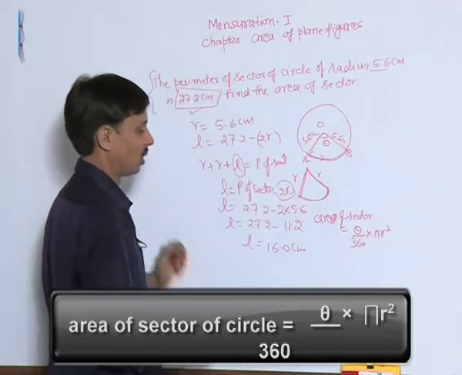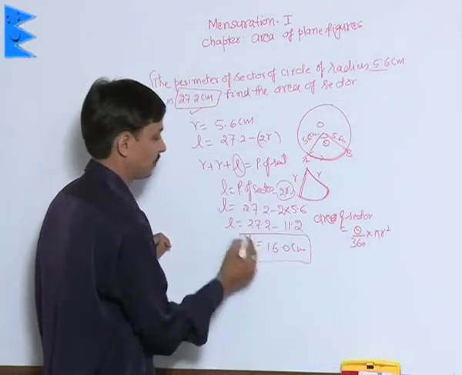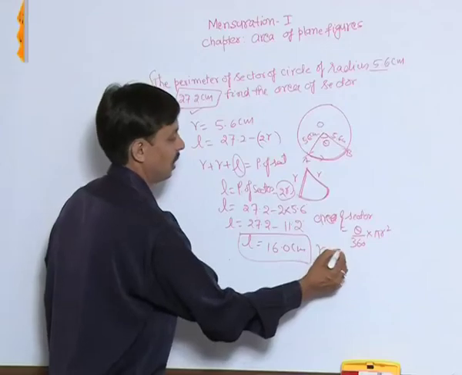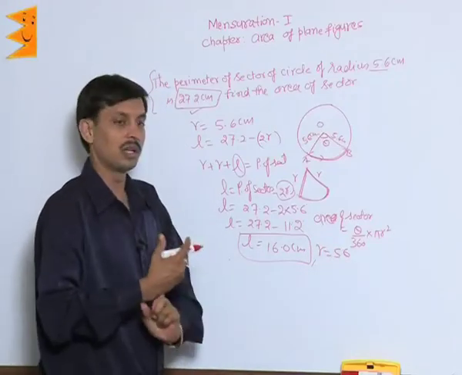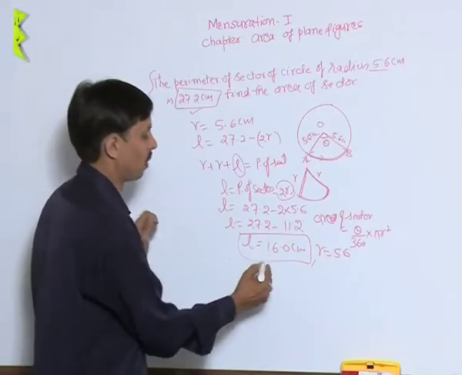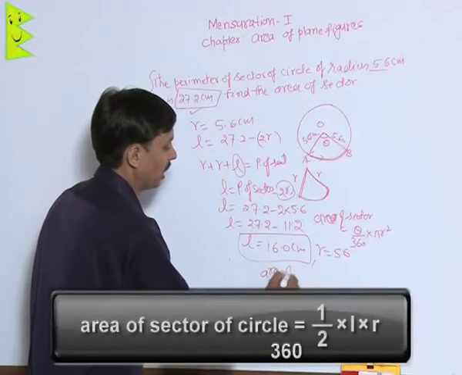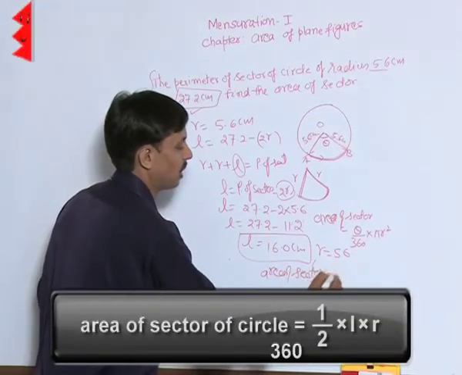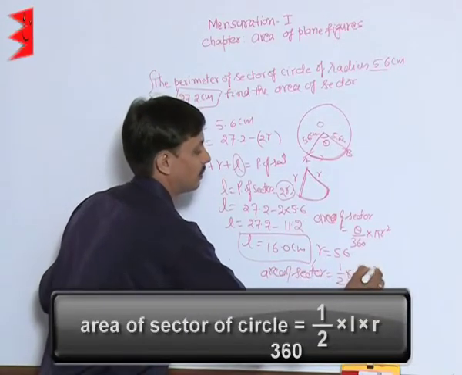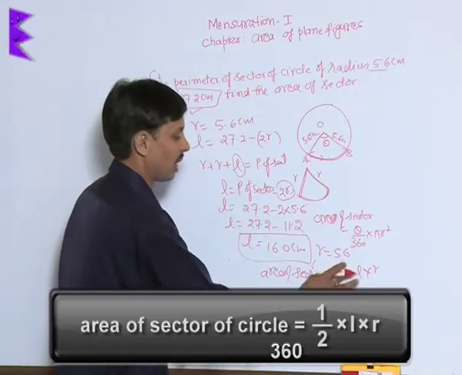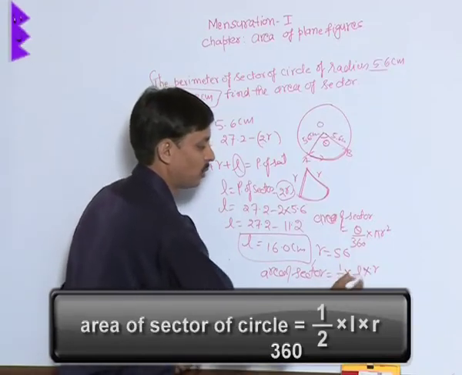But here theta is not given. We have the length of arc, we have the radius, and we want to calculate the area of the sector. In this case, the formula is area of sector is half LR, as I explained to you, half into L into R.